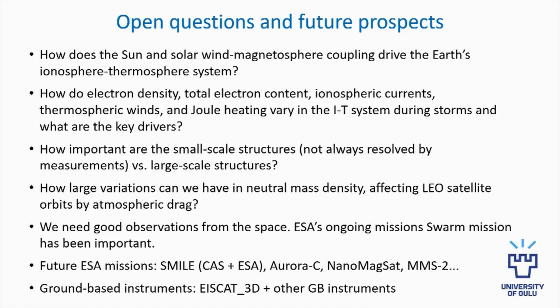How do these parameters vary during storms, and what are the key drivers? How important are the small-scale structures, for example, in Joule heating, which are not always resolved by measurements? How large variations can we have in the neutral mass density affecting LEO satellite orbits by atmospheric drag?